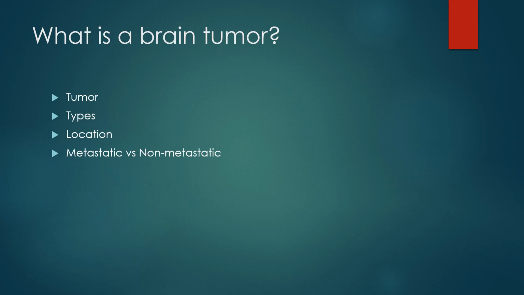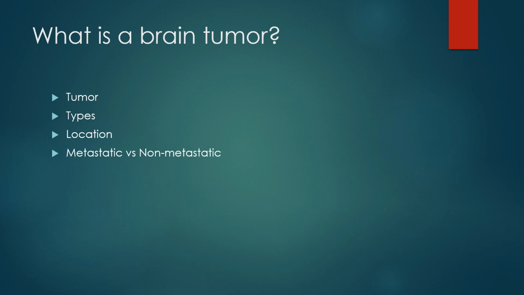Now, the reason why I put location in here is mainly to segue into the fourth part, because location, as you all know, just refers to where the tumor is inside the body. The reason why I bring up location is because of this fourth point, metastatic versus non-metastatic.